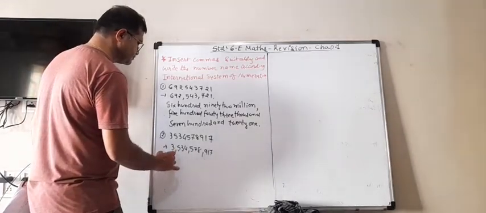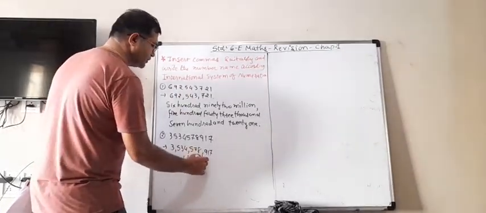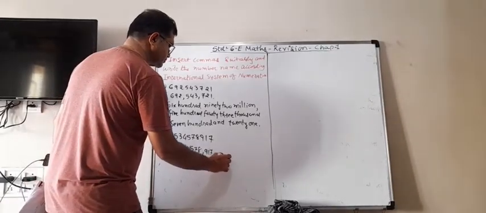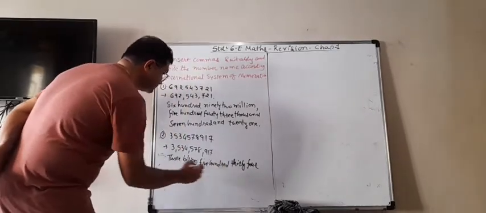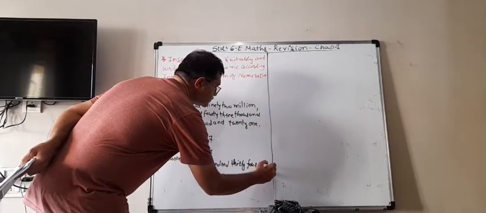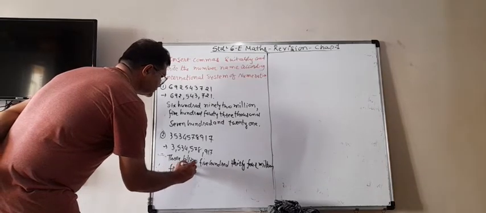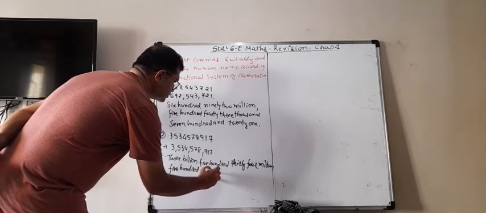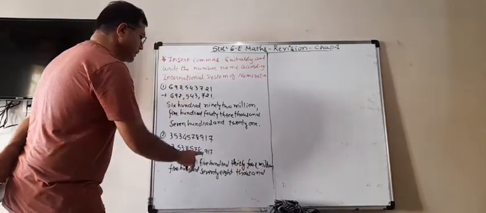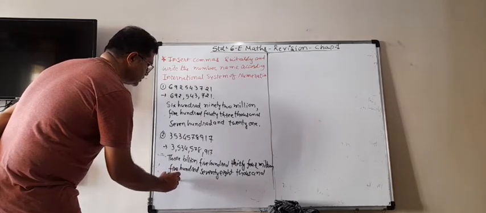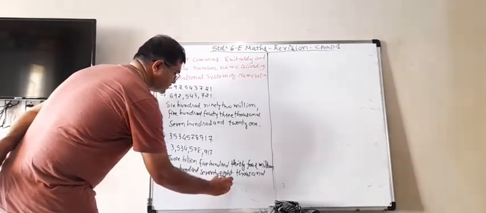So the number name is 3 billion, then 534 million, then 578,000, then 917, 970.